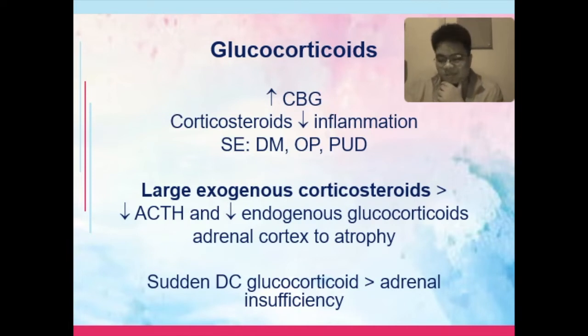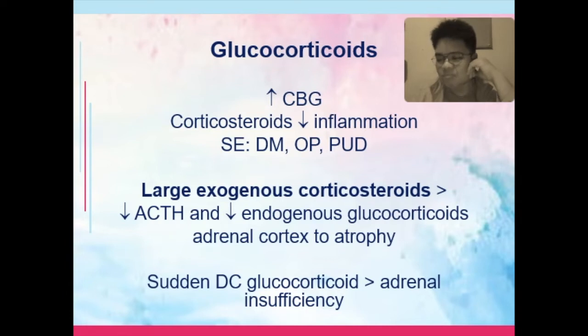In other words, the glucocorticoids produced by your body are decreasing because it perceives that there are a lot of artificial or exogenous glucocorticoids. Now, the adrenal cortex would atrophy because the adrenal cortex will not be doing anything. The adrenal cortex perceives that there is enough glucocorticoids in the body.